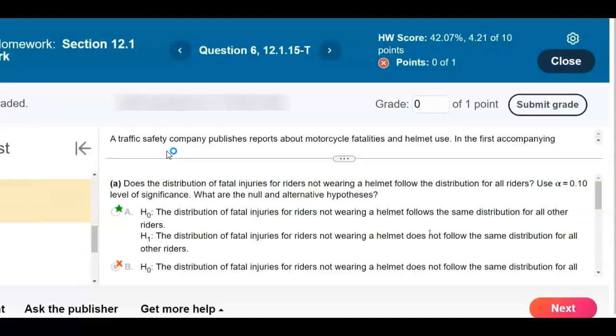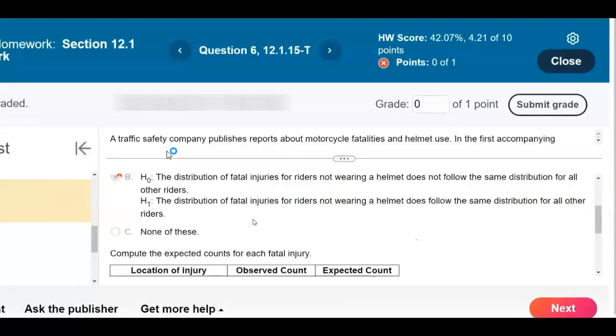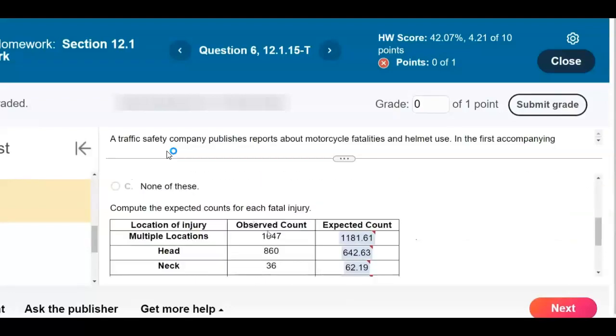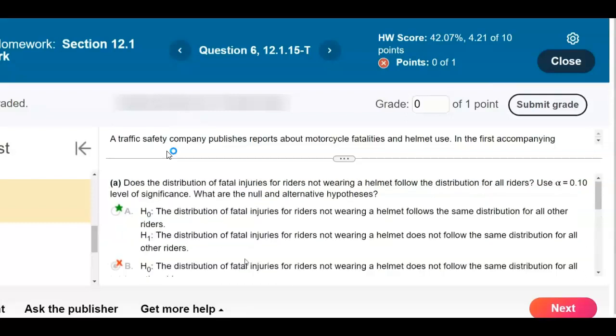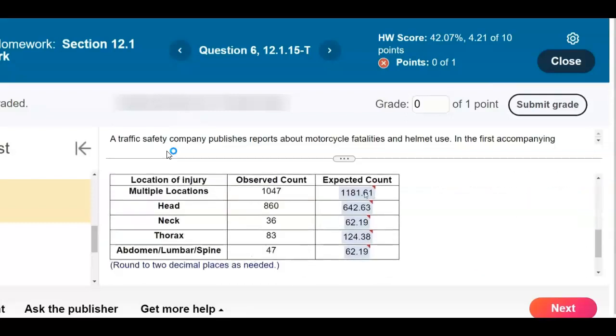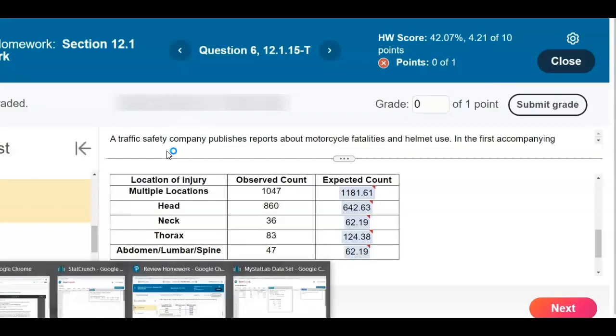That's what this test does, and that's what we're trying to look for. And then for the expected counts, again, you're not using the observed counts, you're using the probability numbers and the 2,073 to get your expected counts.